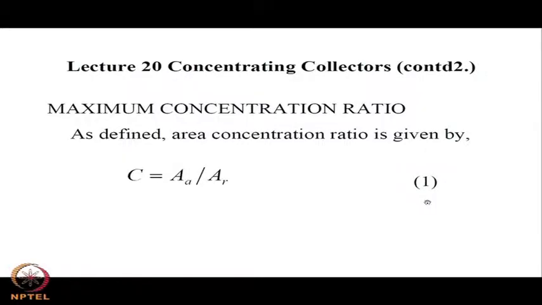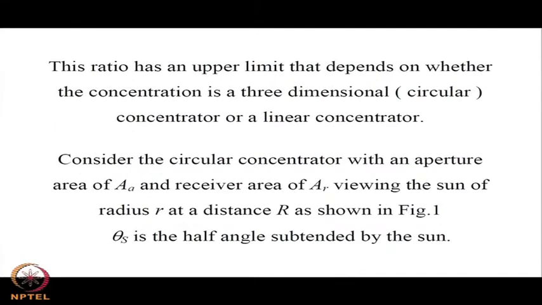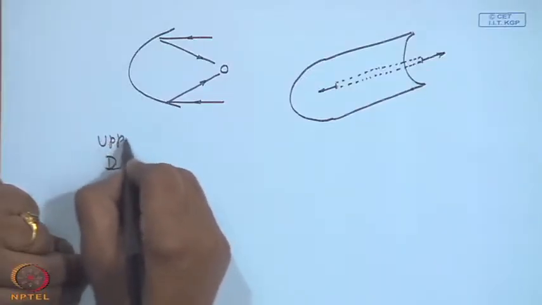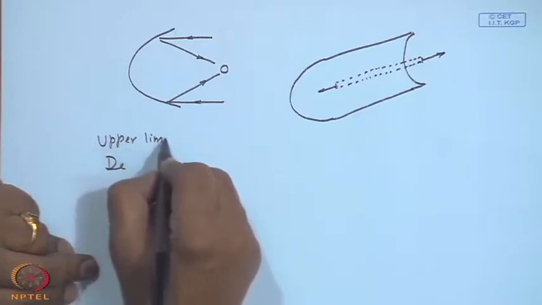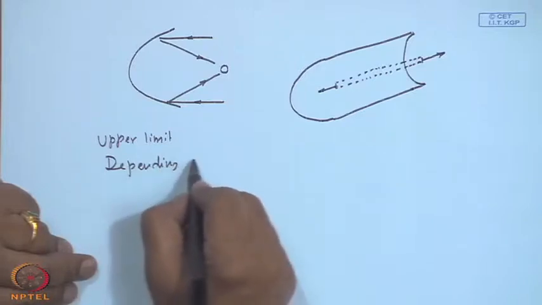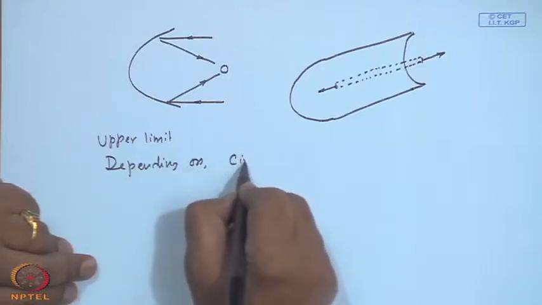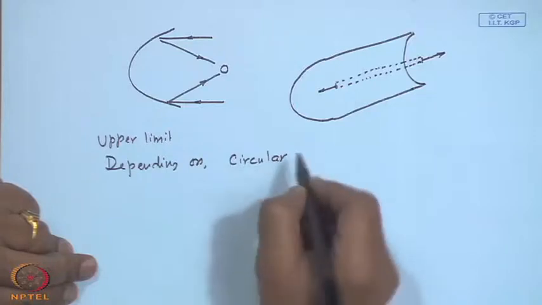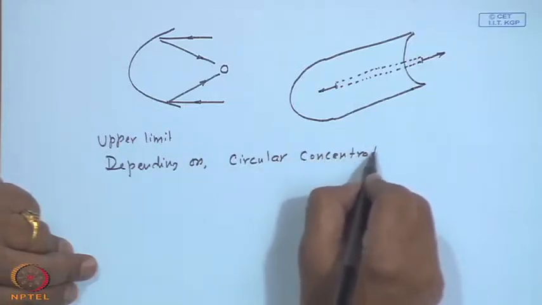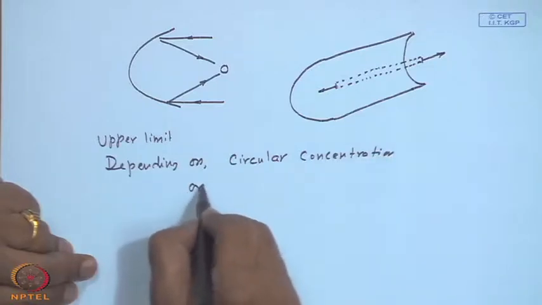But even if we talk about only the theoretical possible maximum concentration ratio, this has an upper limit depending upon whether it is circular concentration or linear.